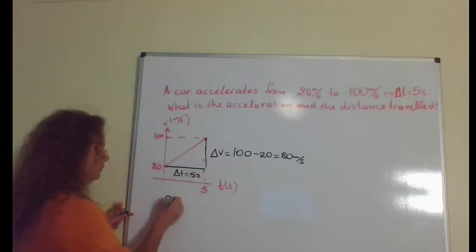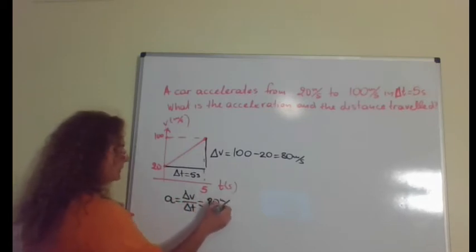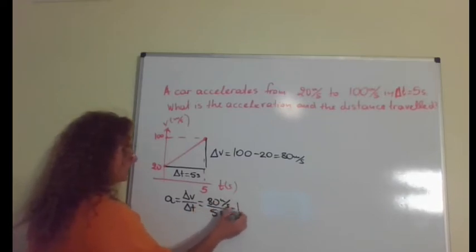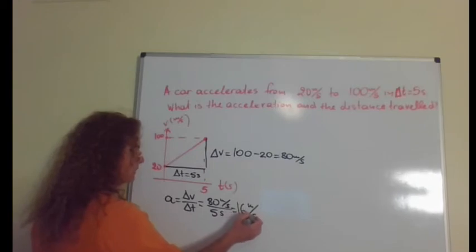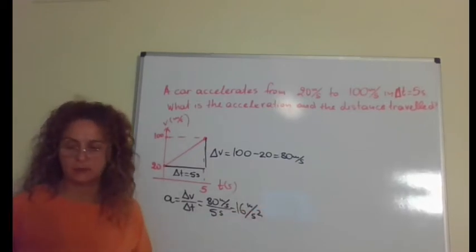So the acceleration is the slope, rise over run, which is 80 meters per second over 5 seconds, which is 16 meters per second squared.